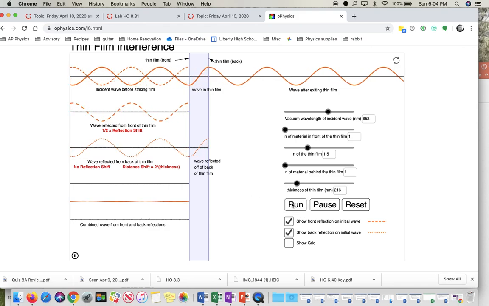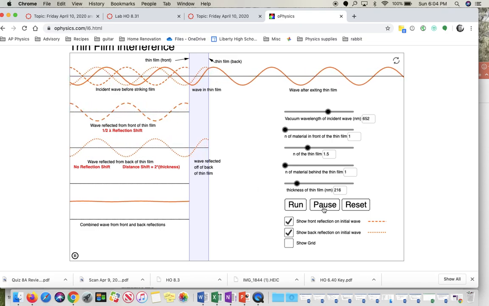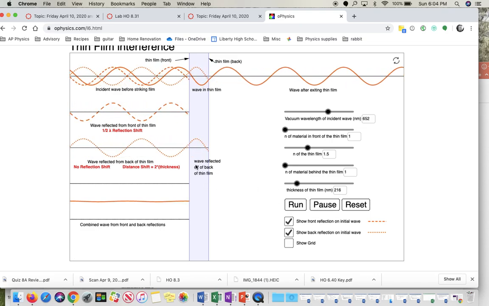I'm going to run this real quick, and we can watch as it happens. No matter where I pause these waves, the two reflections are 180 degrees out of phase, because this is a half of a wave thick.